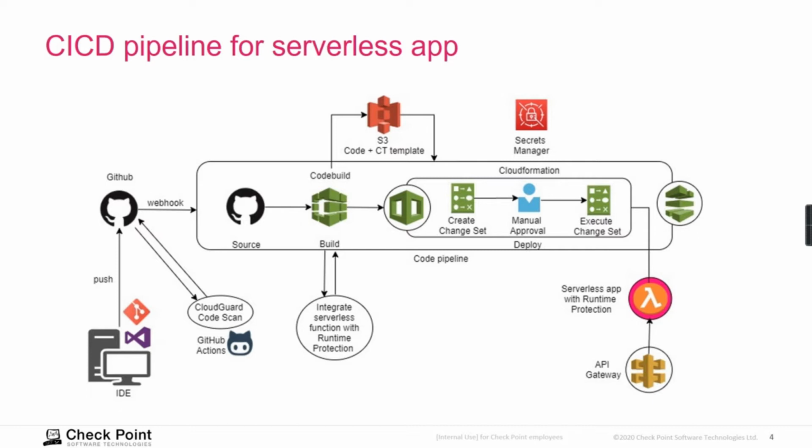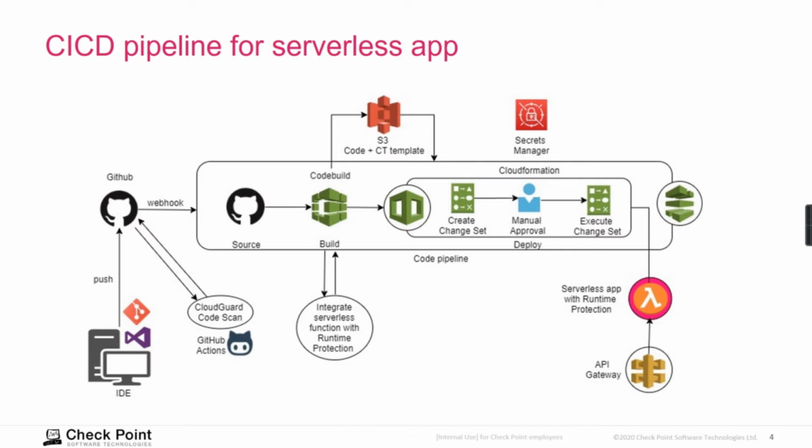And once we approve, this triggers the execute change set operation, and this then leads to the deployment of the serverless function, which is secured by the Check Point runtime layer.